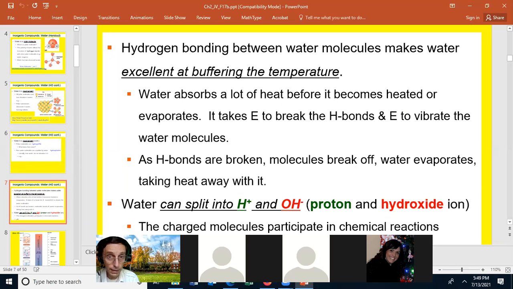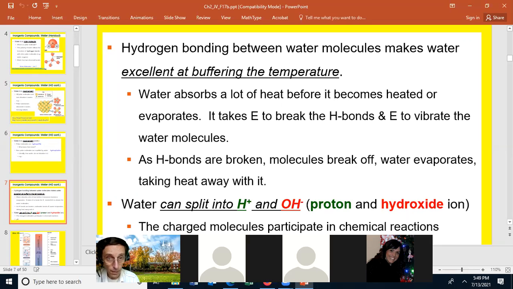Water, when you heat it up, it is true that the water molecules vibrate and move around more rapidly, but besides that, some of the energy from the heat can be taken by the hydrogen bonds formed between the water, and you need energy to break those hydrogen bonds.